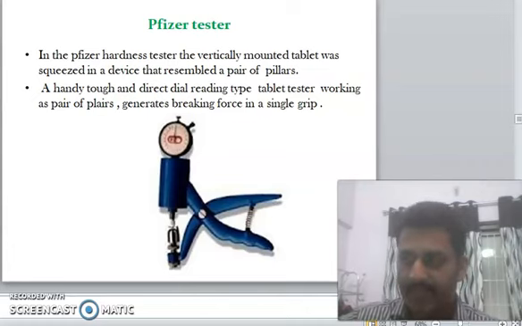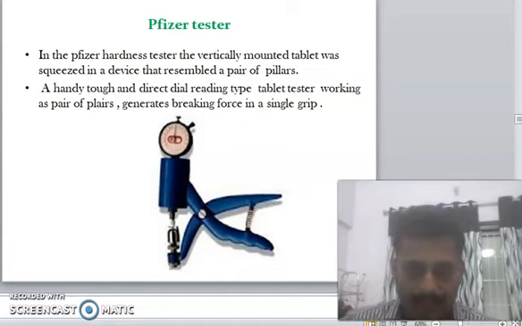It is a handy, tough, direct dial reading tablet tester that generates a breaking force in a single grip. The force required to crush the tablet is read from the hydraulic gauge.